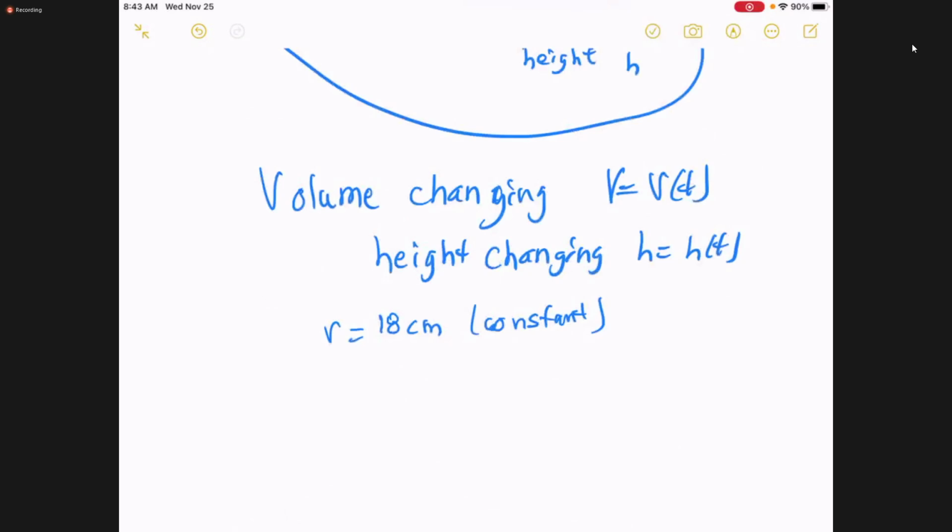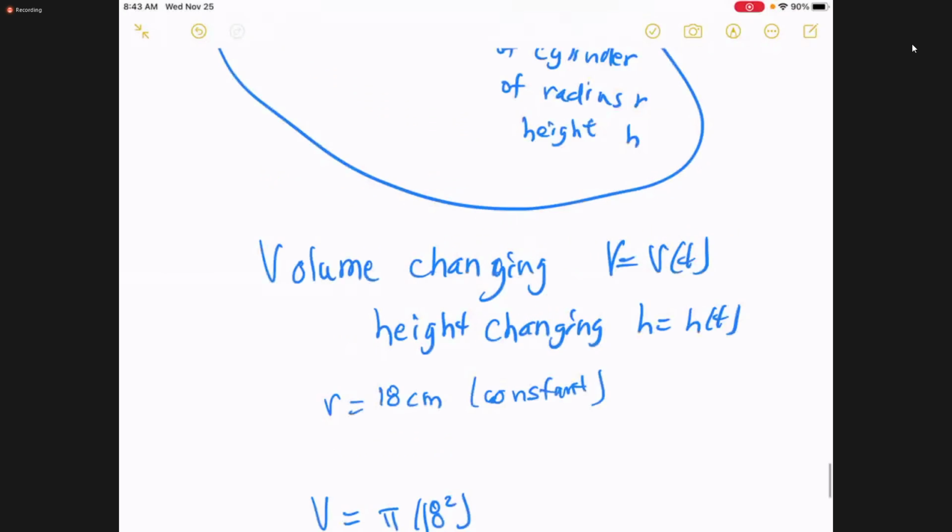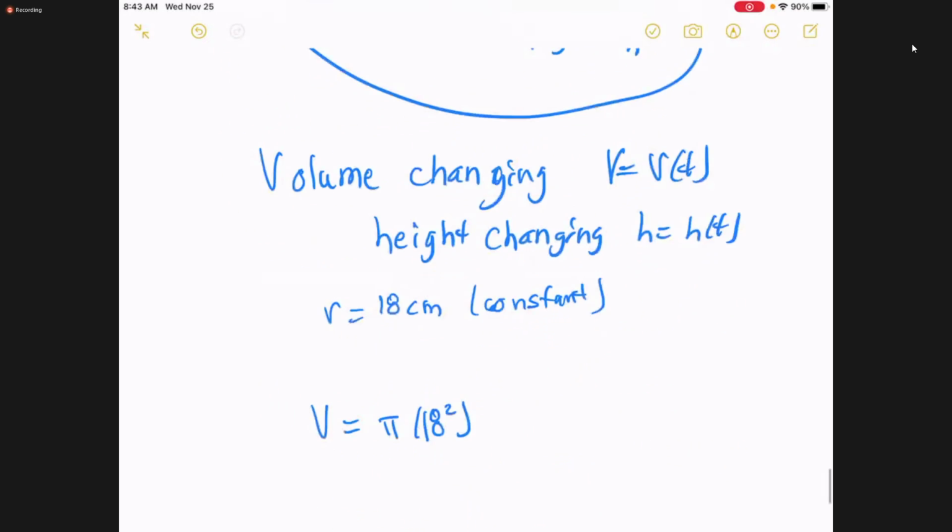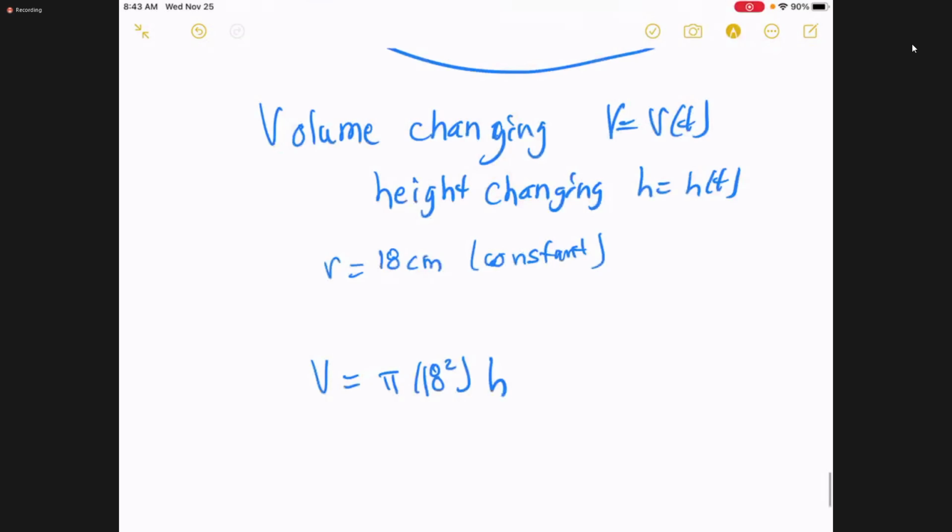So in our problem, we have V is pi times 18 squared times h. And that means that dV/dt, the rate of change of the volume, well, pi times 18 squared, that's just a constant, but then it's dh/dt.